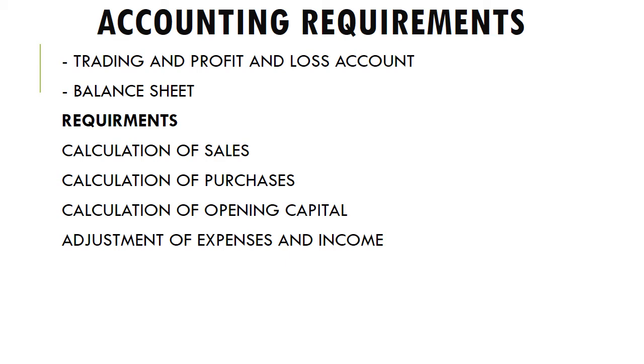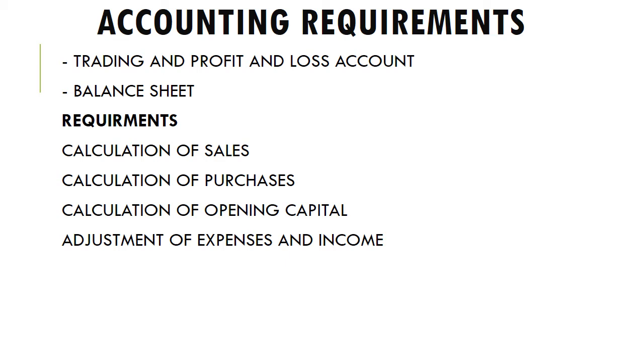So for you to calculate a profit of a trading business, which farming falls under, you have to know the trading profit by calculating it through the trading account, then the profit and loss account to actually know the ultimate surplus at the end of the period, or loss, as the case may be.